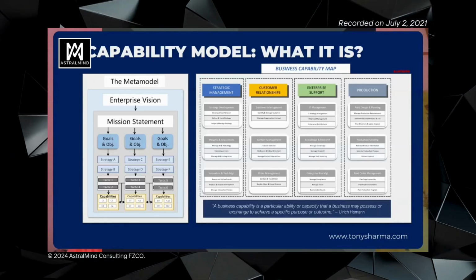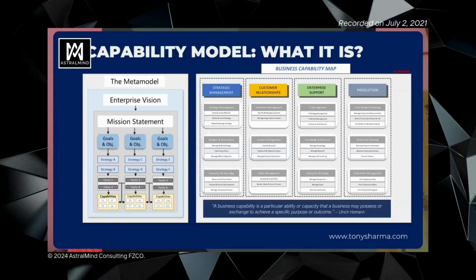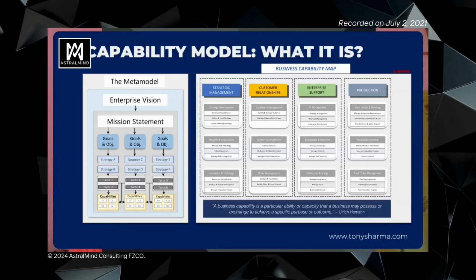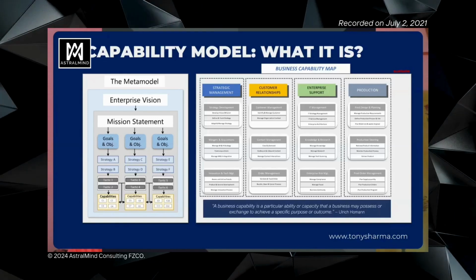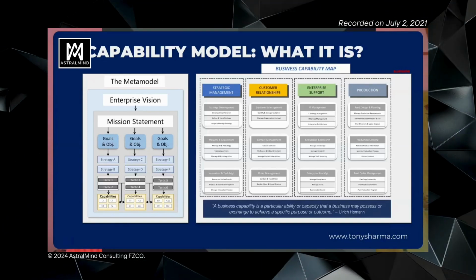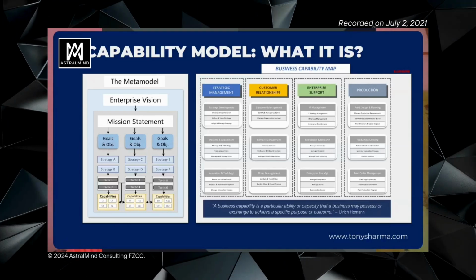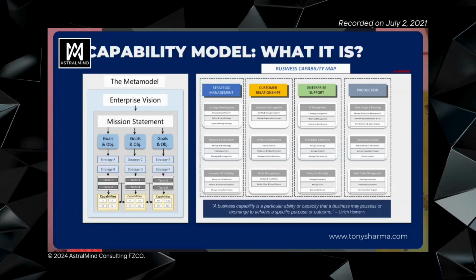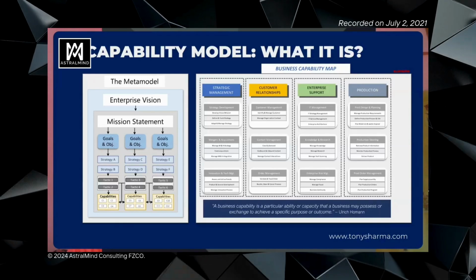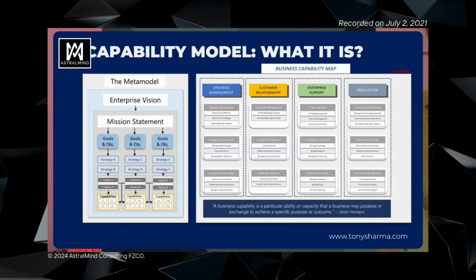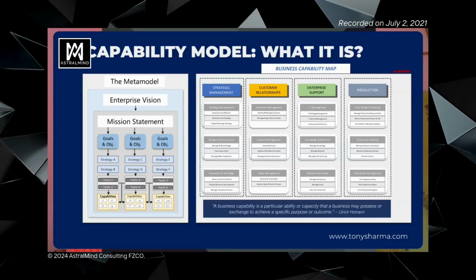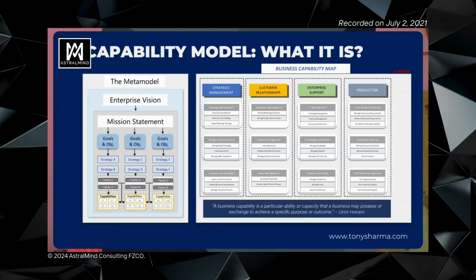They will have a mission statement. So the mission statement will translate what they want to achieve in, let's say, the next 5 or 6 years. Then they will be articulating that by means of a goal. So they will be talking about some profitability goals, that we have to be profitable in, let's say, North America, EMEA, and the profit target has to be X percentage.